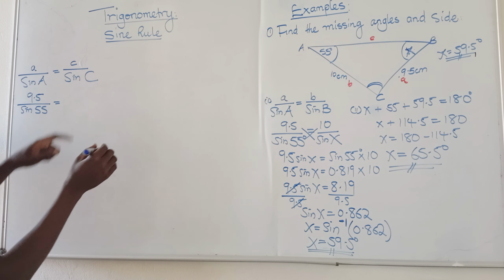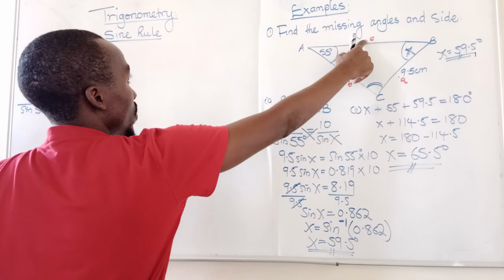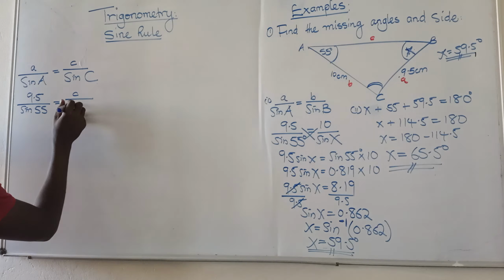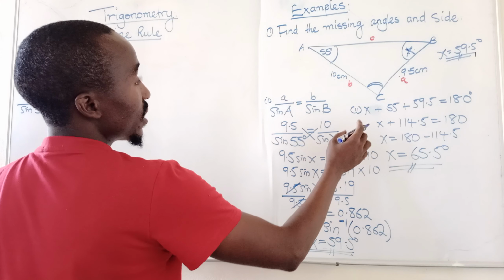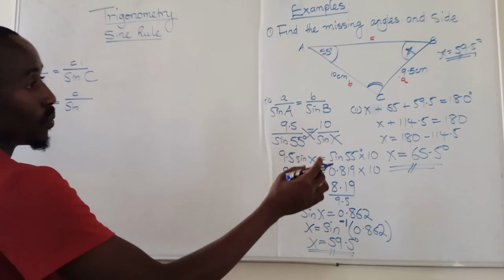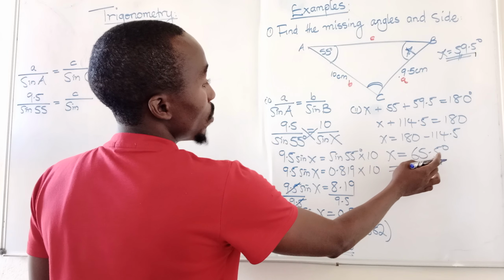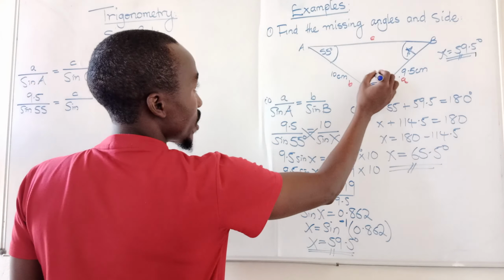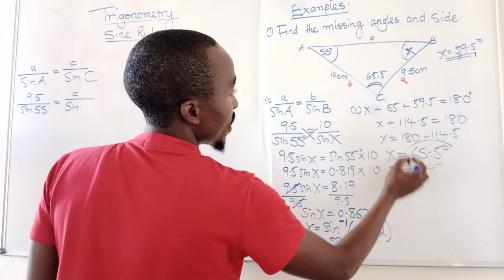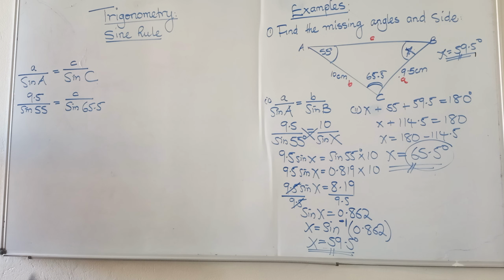This will be equal to C, which we don't know, this is what we are finding, over sine C. Sine C is 65.5. The angle here is 65.5, we have already found this.